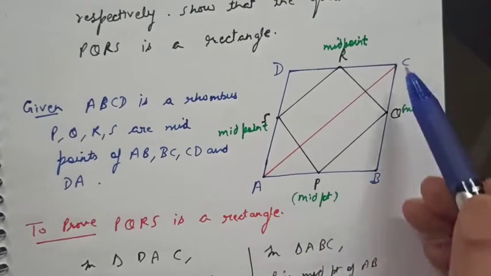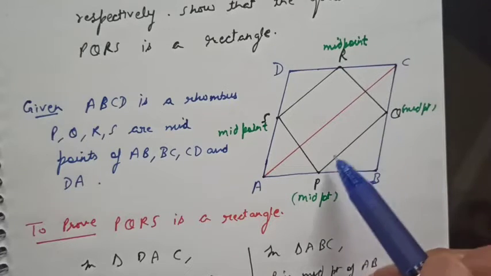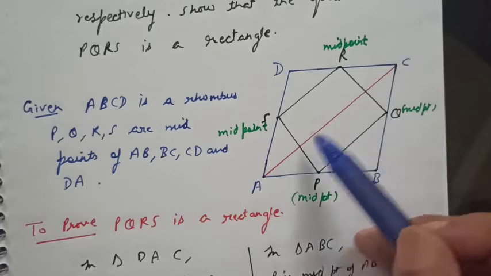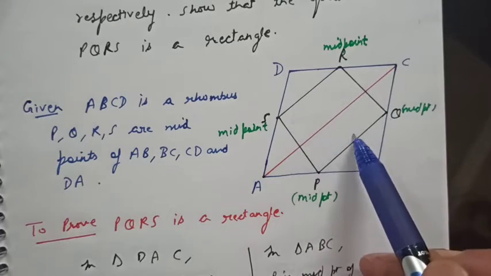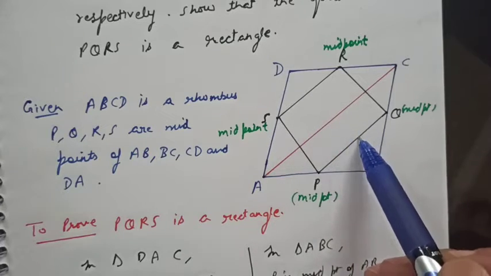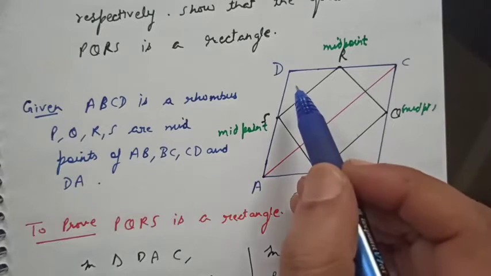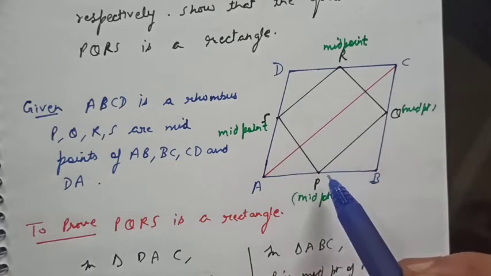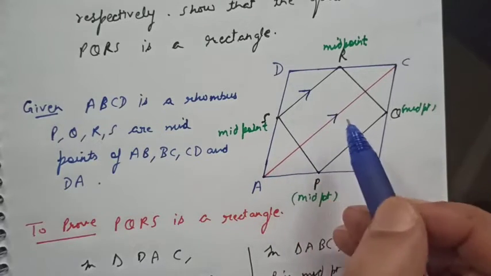And in this triangle ABC, P is the midpoint of AB, Q is the midpoint of BC. Therefore PQ is parallel to AC and PQ is half of AC, again by midpoint theorem. Now ये भी इसके parallel है, ये भी इसके parallel है, they will be parallel to each other. This is also half of AC, this is also half of AC, so they will be equal to each other, right? So by least required condition, since these are equal and parallel, PQRS is a parallelogram, right?